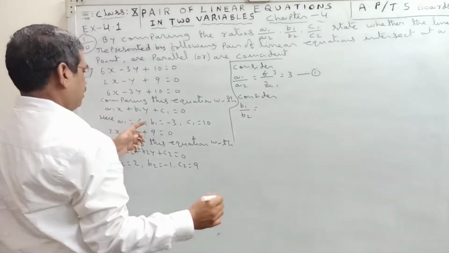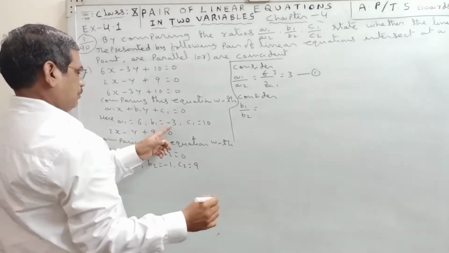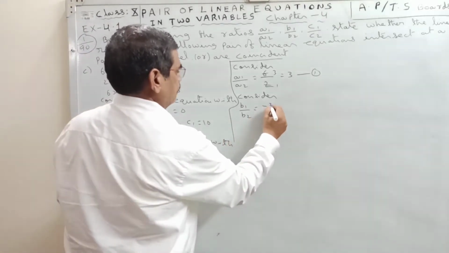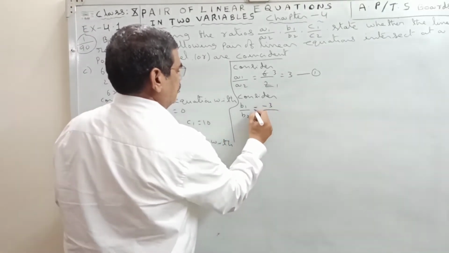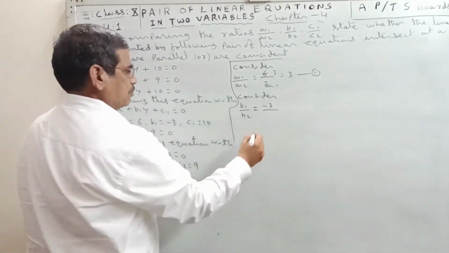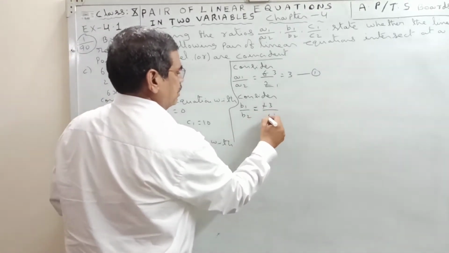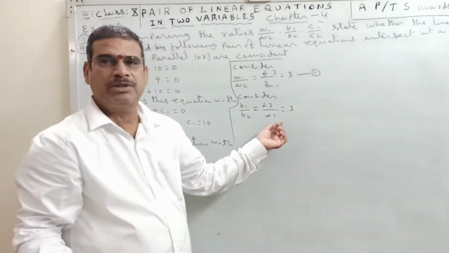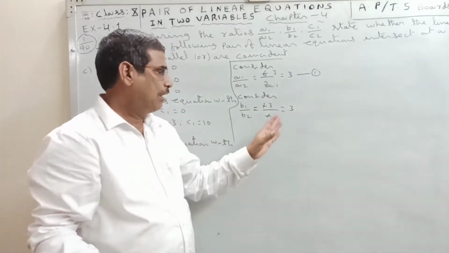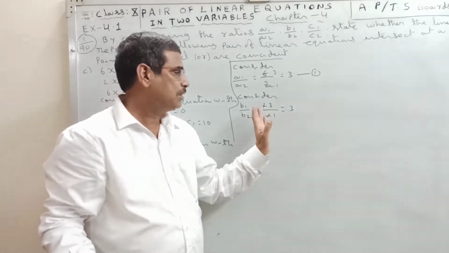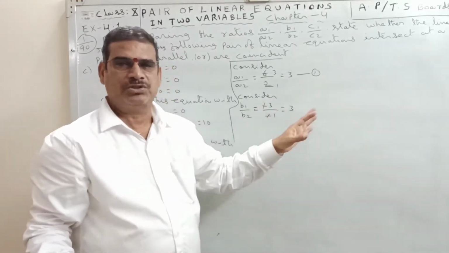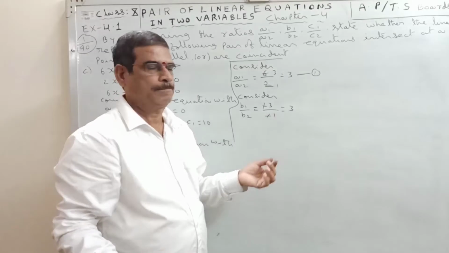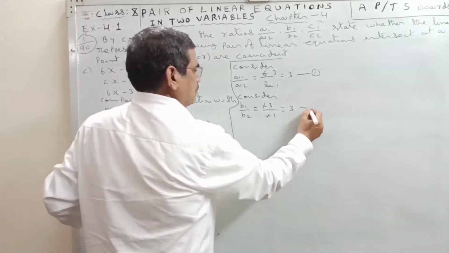The value of b1 is minus 3 and the value of b2 is minus 1. Minus and minus will cancel, so 3. The denominator is 1, and after dividing 3 by 1 the answer remains 3, no change. This is 2.